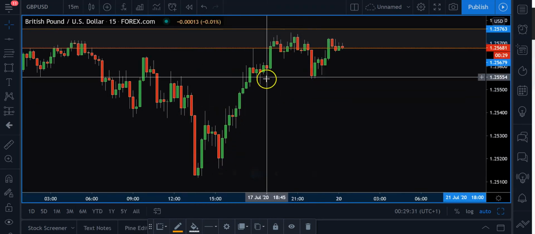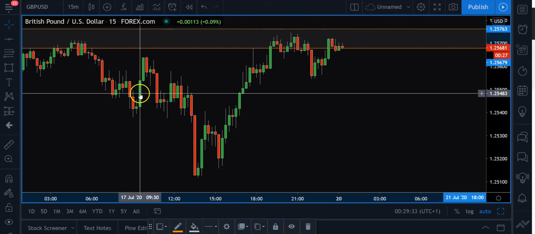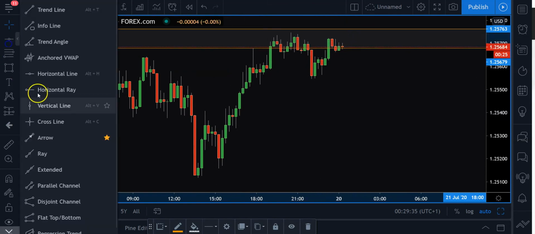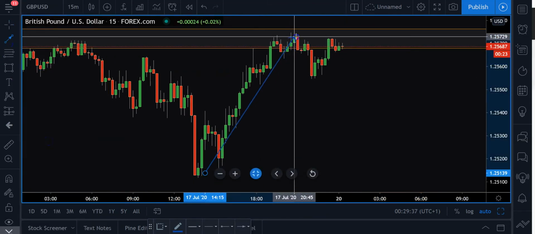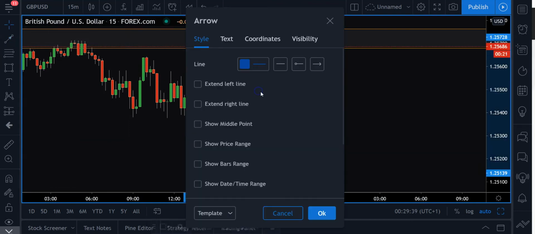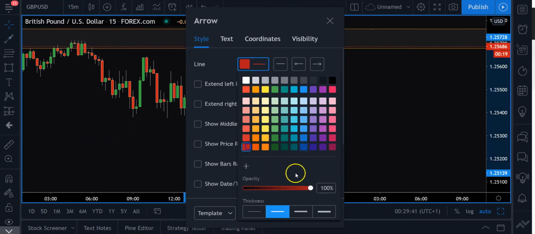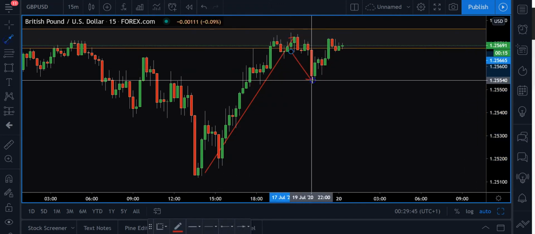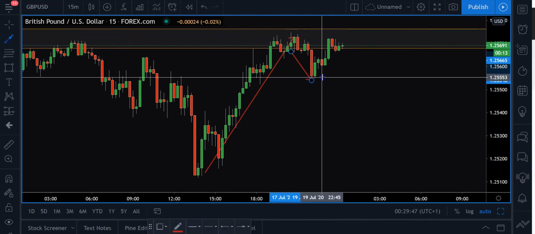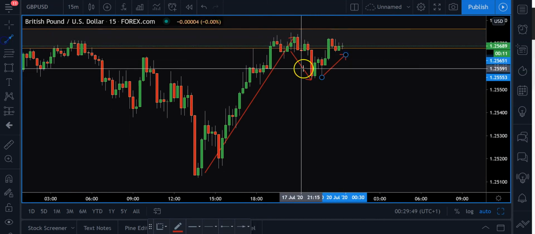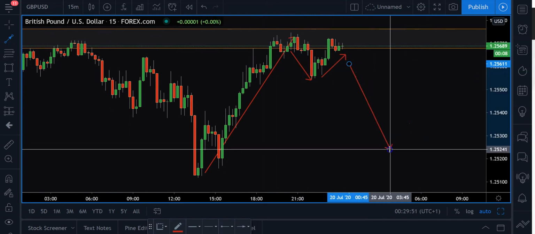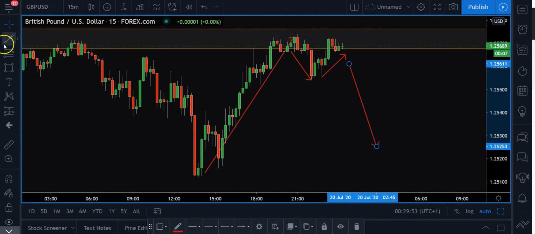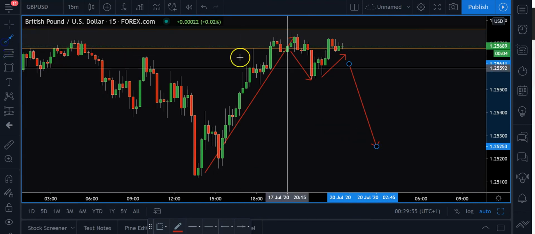We can clearly see it could either be forming a double top, and pushing down.